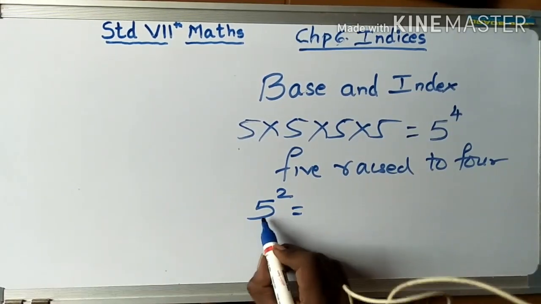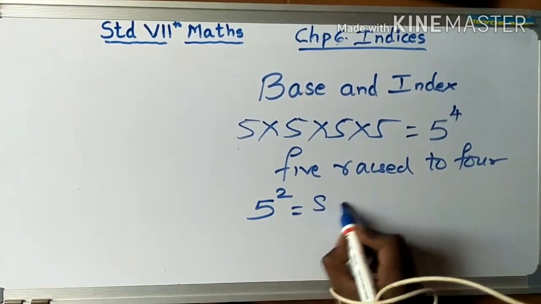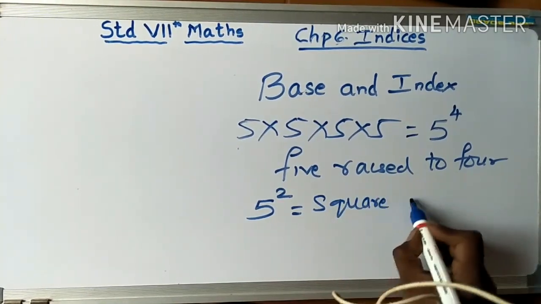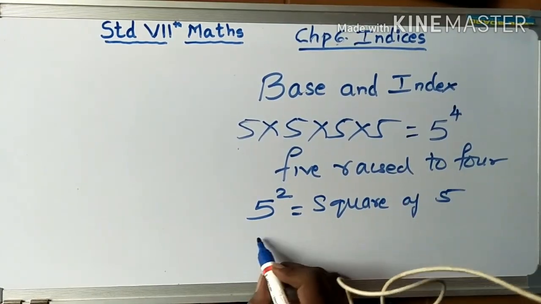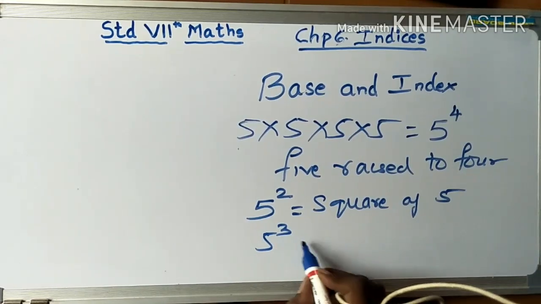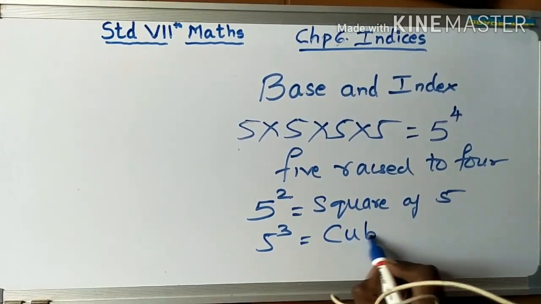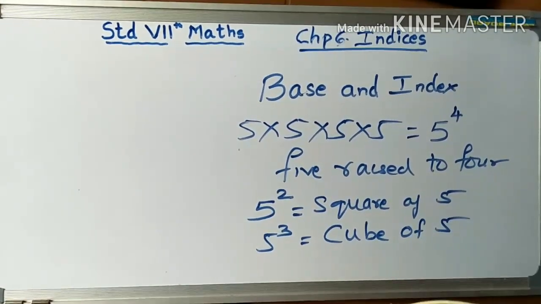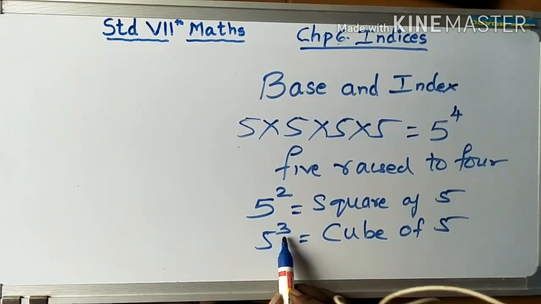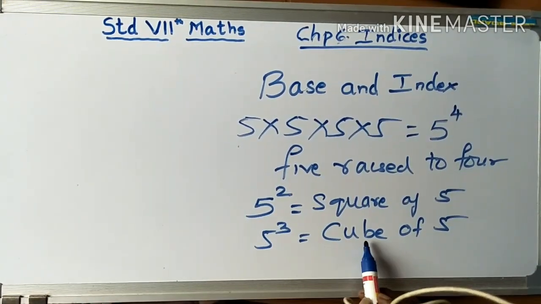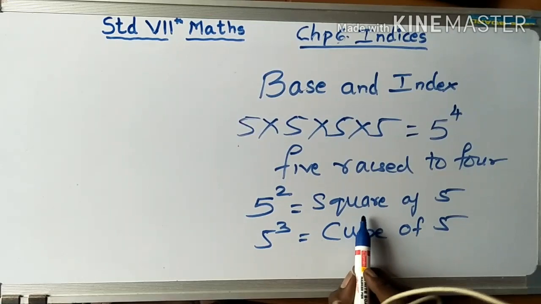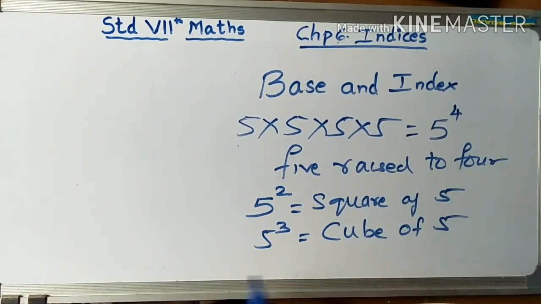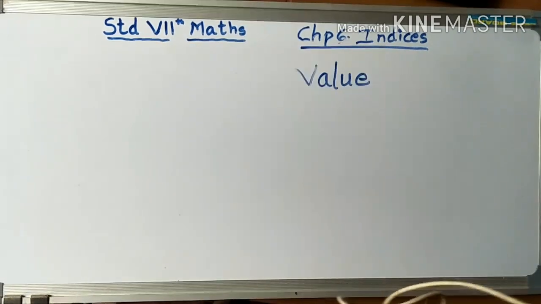You can call it the square of 5. If 5 raised to 3 is there, you can say cube of 5. Whenever 3 is there in the index, we call it cube. If 2 is there in the index, we call it a square. But you can also call it 5 raised to 2 or 5 raised to 3.